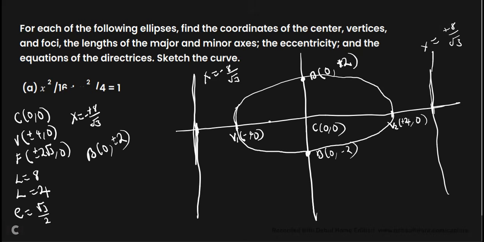Then what is the focus in this situation? The focus is F, which is positive or negative. That's negative 2 root of 3 and 0, and this side again positive 2 root of 3, 0, like that.